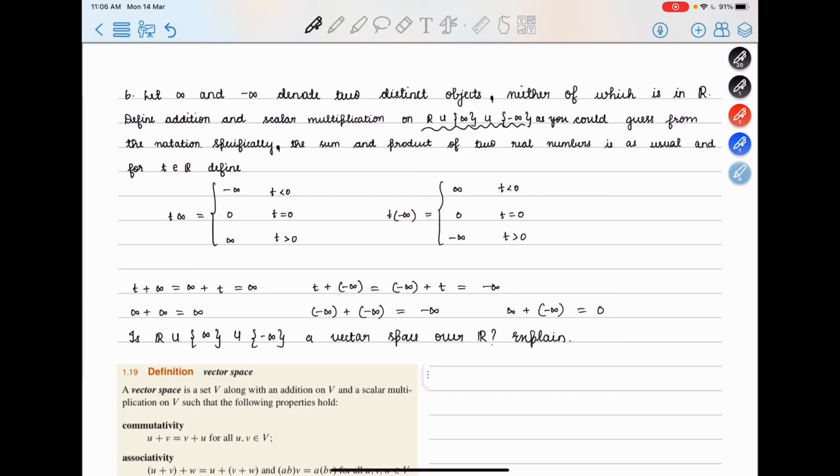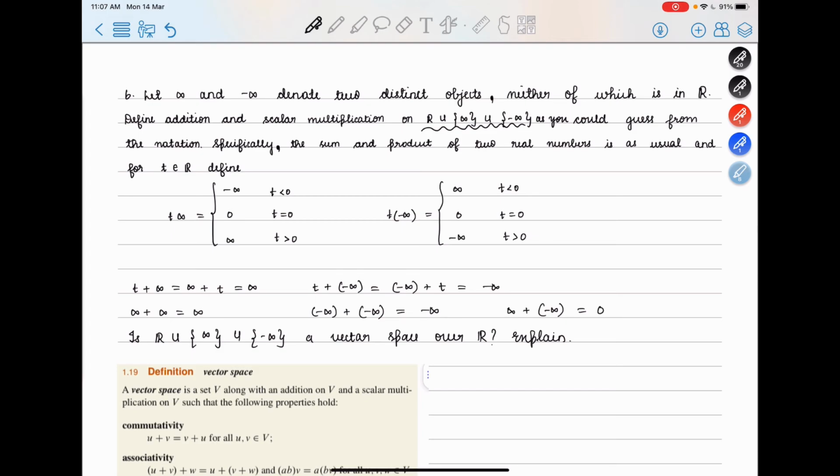And they have given what t infinity and t minus infinity mean. So t is a scalar and infinity is a vector. So t infinity equals minus infinity when the scalar t is less than 0. t infinity equals 0 when the scalar t is 0. And t infinity is infinity when the scalar t is greater than 0.